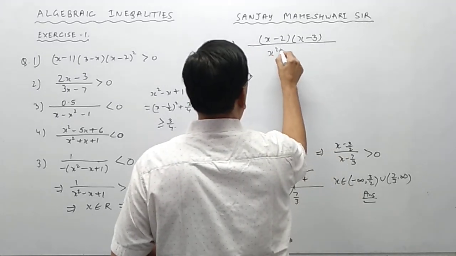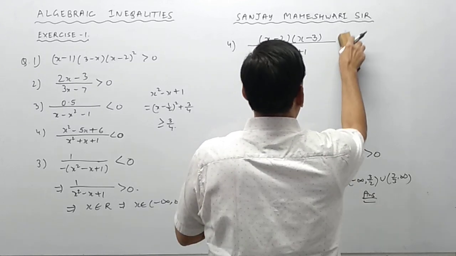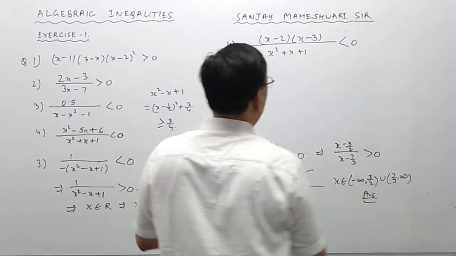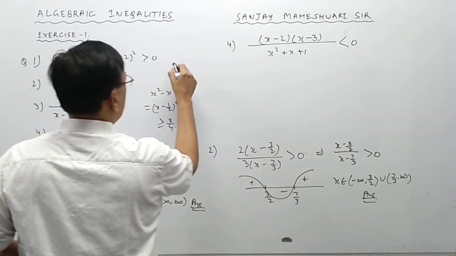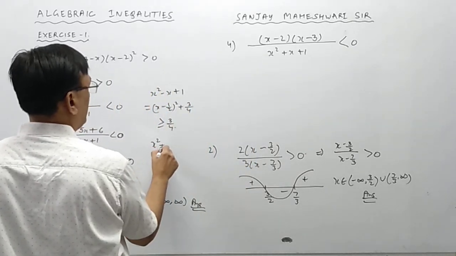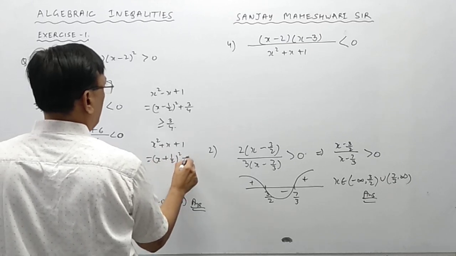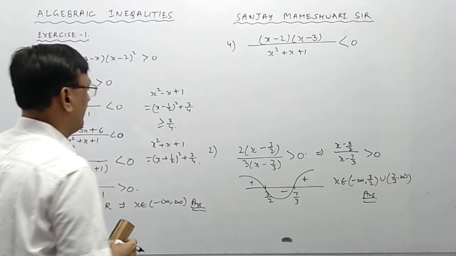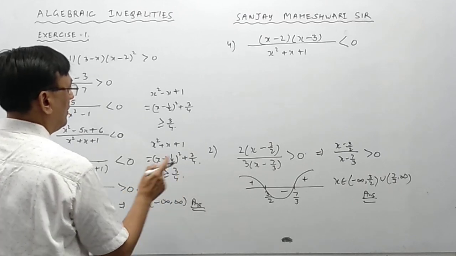In the denominator, we will keep it like this only, x square plus x plus 1. You can see that this is a positive quantity, as x square plus x plus 1 is equal to x plus 1 by 2 whole square plus 3 by 4. So you can see that this is also greater than or equal to 3 by 4.